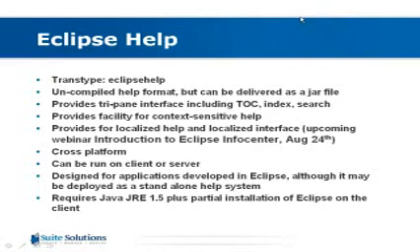It's cross-platform. It can be run on a client or a server, so you can include this in an application, or you can put it on a public web server for people to view. It's originally designed for the Eclipse platform, but you can have it as a standalone help. Installing it would require Java and part of the Eclipse on the clients.